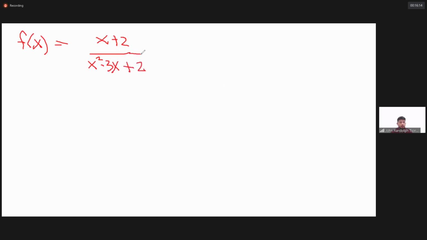Okay, find the zeros of this rational function x plus 2 over x squared minus 3x plus 2. And then message me here privately kung nakuha na yung zeros.